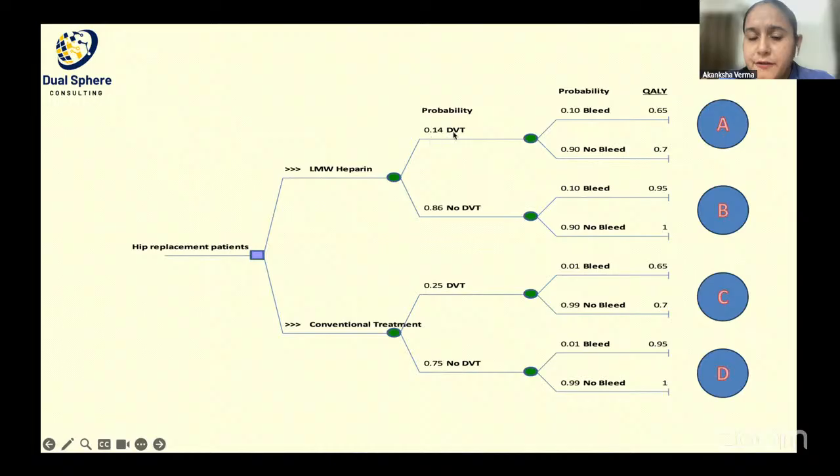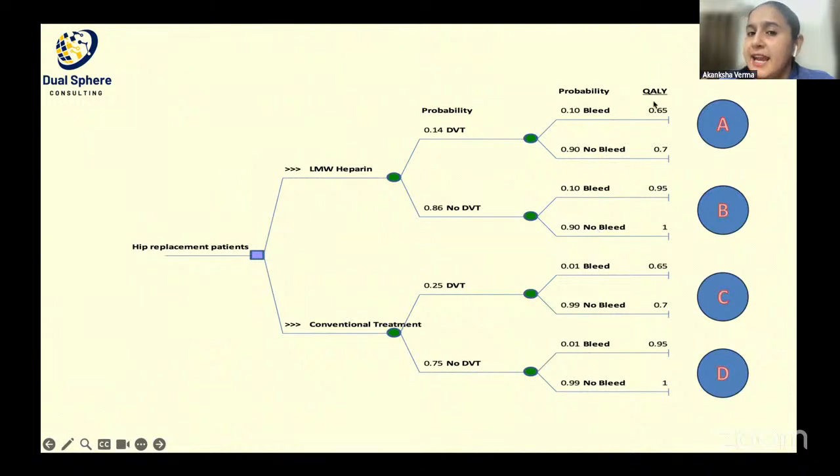Probability 0.14 for DVT, and with no DVT, it would be 1 minus 0.14, so 0.86. Now, conventional treatment with DVT was 0.25, and for no DVT would be 1 minus 0.25, which is 0.75. Now, probability for bleed and no bleed, again, the same thing has been done.